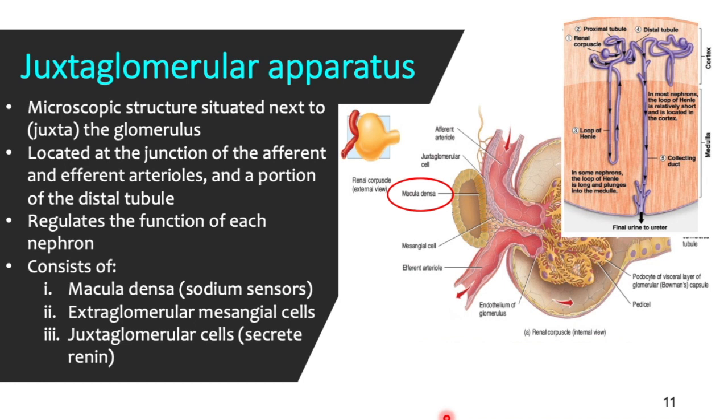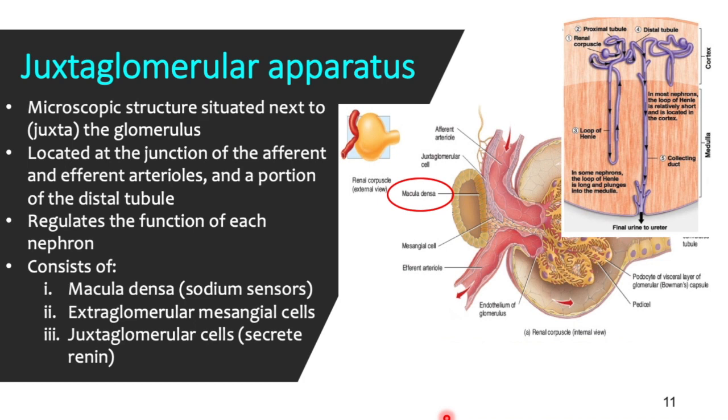It will sense either increase or decrease in sodium chloride contents in the blood or in the lumen, so it will adjust accordingly. So the function of the macula densa, it influences the afferent arteriole either to constrict or dilate. If there is increase in sodium chloride, this will cause afferent arteriole to constrict.